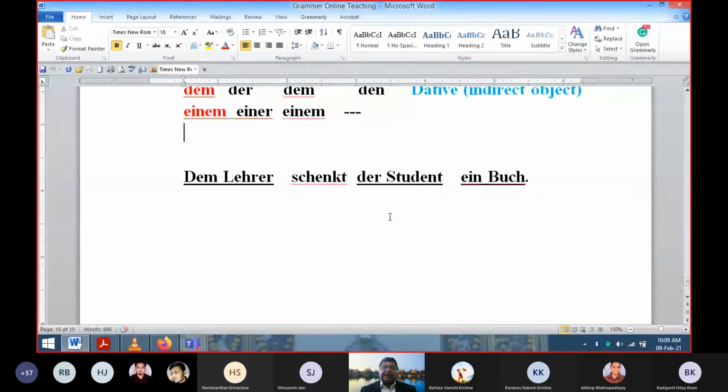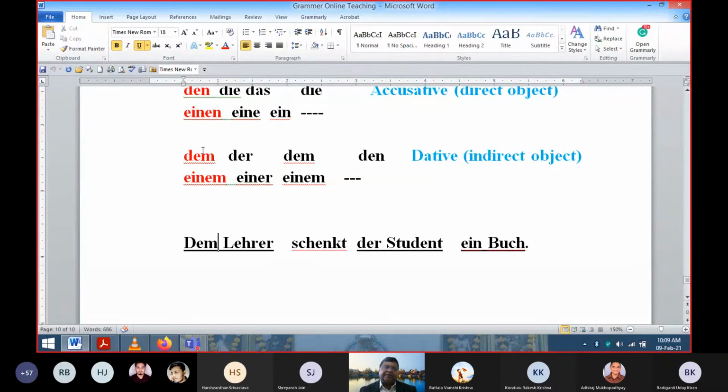So here I gave one example: the student presents a book to the teacher. That was the sentence. So I made the sentence initially: der Student schenkt dem Lehrer ein Buch. In this sentence, the subject is der Student, the verb is schenkt, and the indirect object or dative is dem Lehrer.